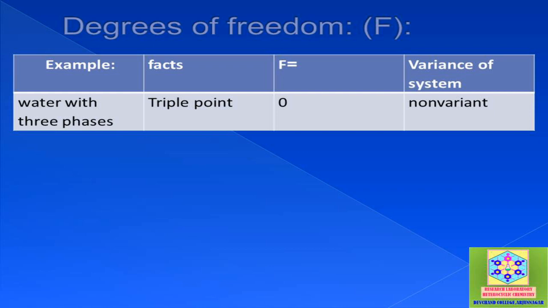This can happen only at a peculiar temperature and pressure, and therefore we need not specifically mention temperature or pressure. Nothing is required. It is sufficient to describe the system completely that the system is at the triple point. So F is equal to 0, the system is non-variant.